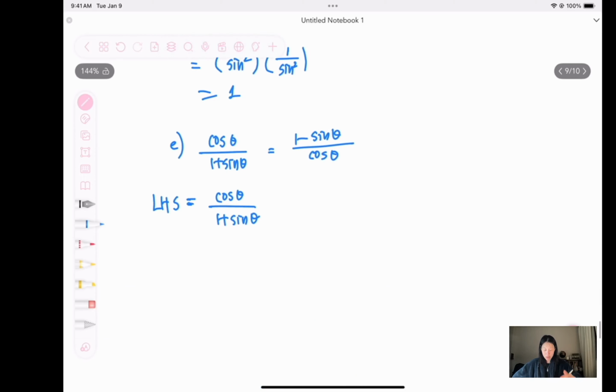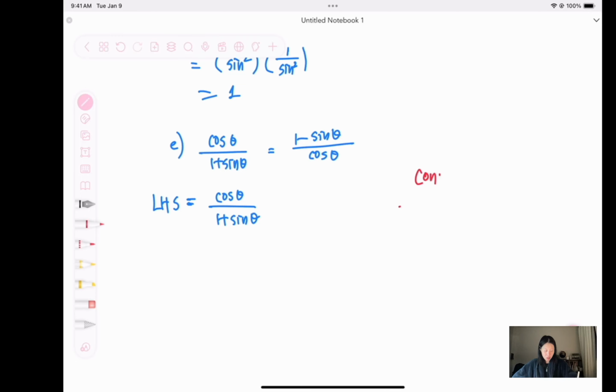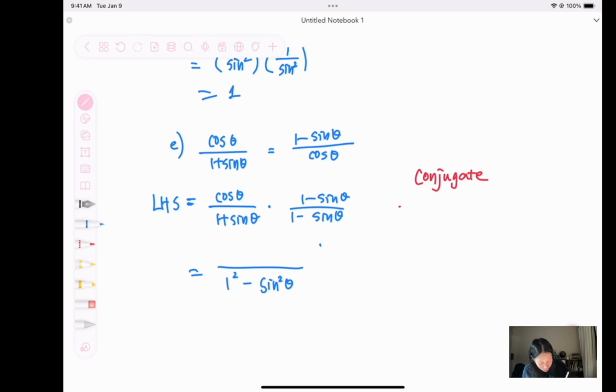One way to do it is the conjugate. What do we do? We multiply by the conjugate so that we can get a difference of squares in the bottom. So in the bottom we have 1 squared minus sine squared. On the top we have cosine theta times 1 minus sine theta.